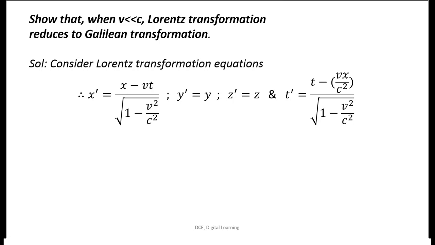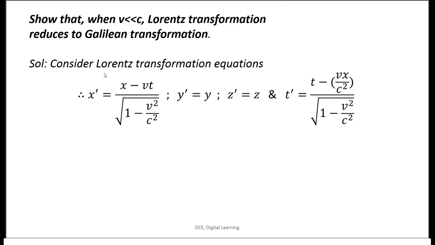Consider the Lorentz transformation equations we have derived: x prime is equal to x minus vt by root of 1 minus v square by c square, y prime is equal to y, z prime is equal to z, and t prime is equal to t minus vx by c square, whole divided by root of 1 minus v square by c square. These are the most important equations in the special theory of relativity.